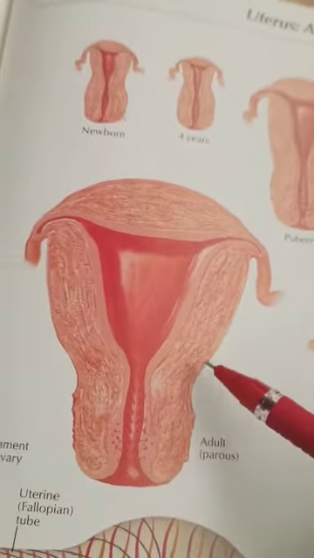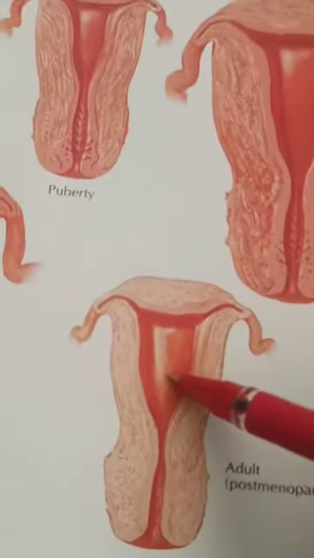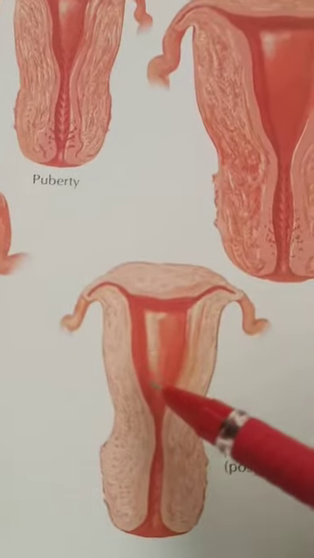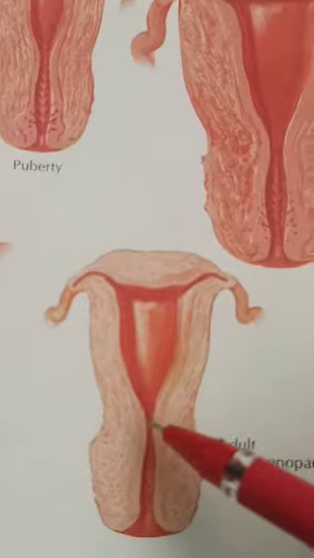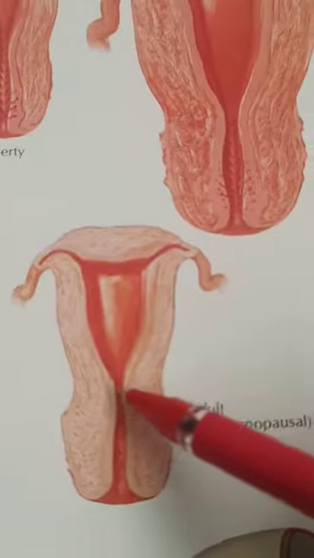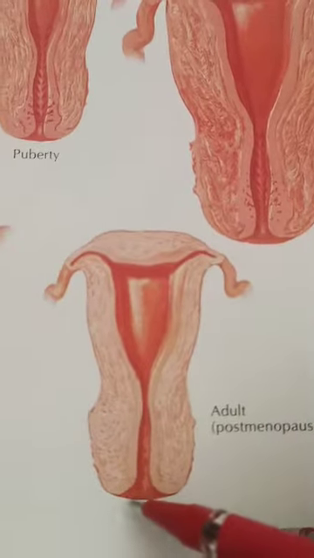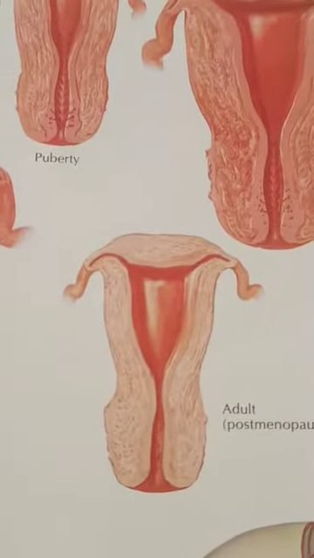Then in post-menopausal old age, the uterus becomes atrophic and smaller, and the internal os will be obliterated. The external os may sometimes disappear. So these are the changes.